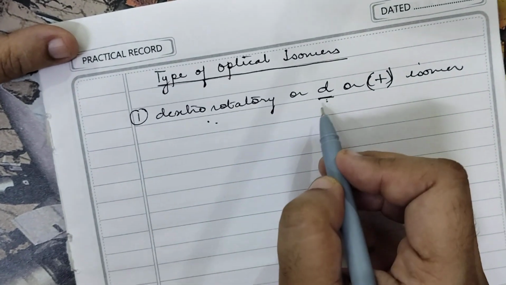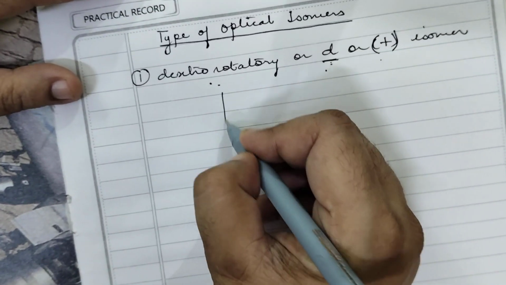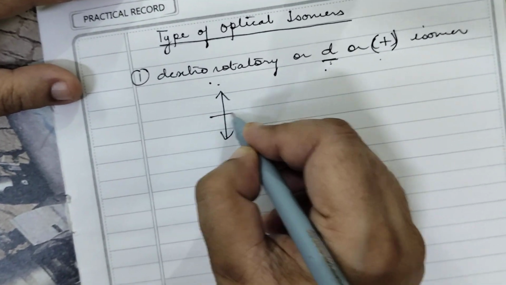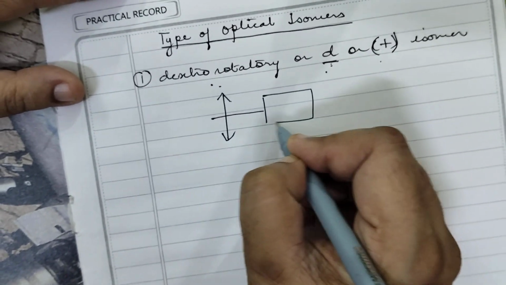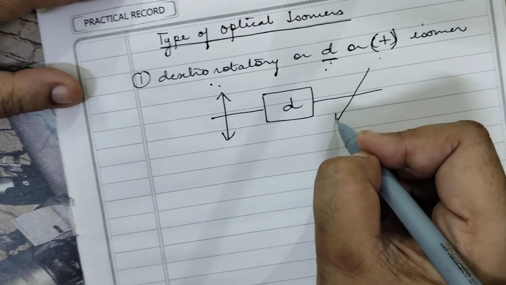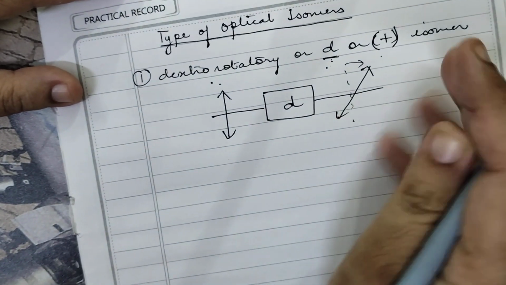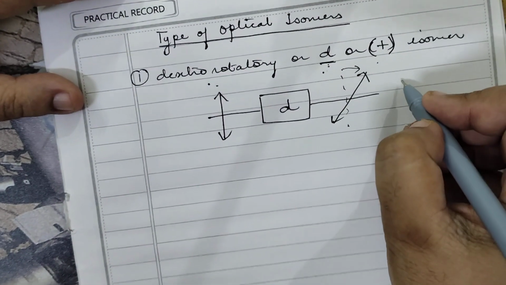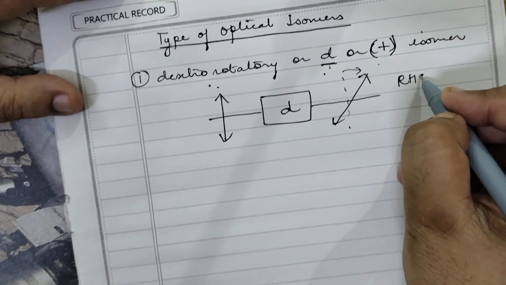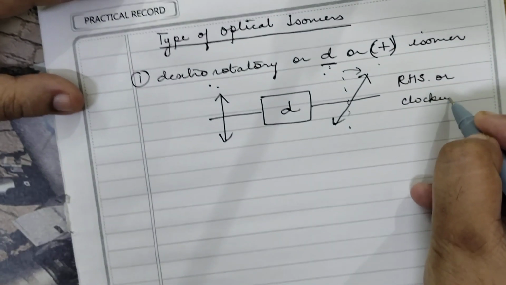So dextrorotatory or d or plus isomer is that isomer which rotates the plane. Suppose this is dextrorotatory, so it will rotate the plane towards right hand side. ये ओरिजिनल डायरेक्शन थी और ये राइट हैंड साइड में रोटेट कर दिया. So it rotates the plane towards right hand side and in clockwise direction.